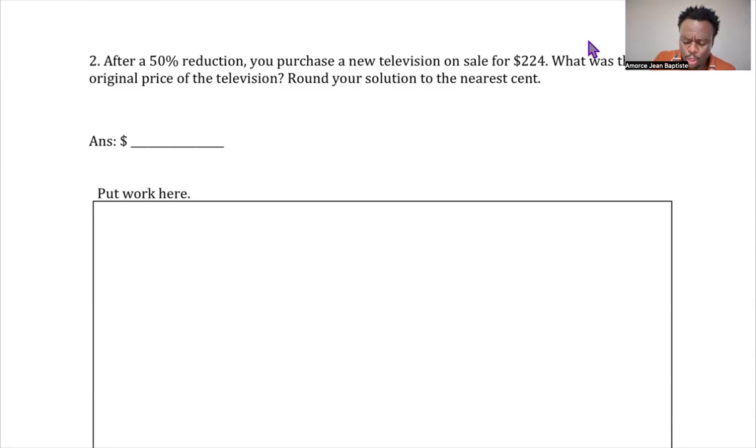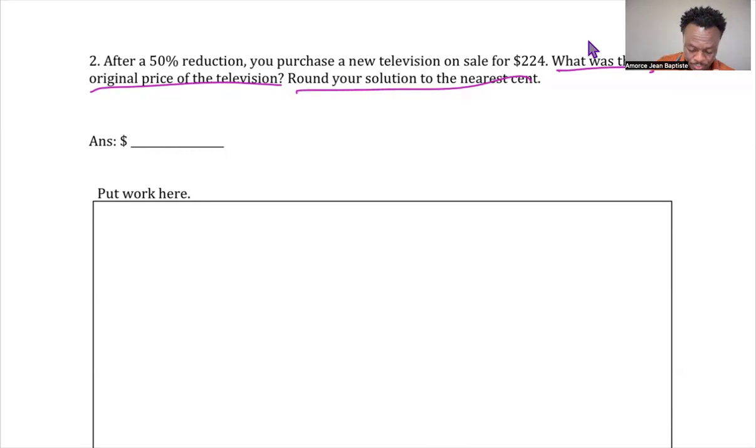So you purchased after reduction, but we don't know what the amount was before reduction. They ask us what the amount was, and they want me to round to the nearest cent. Anything that they ask you to find in a word problem that you don't know, you call it a name, because that's what you're going to need.